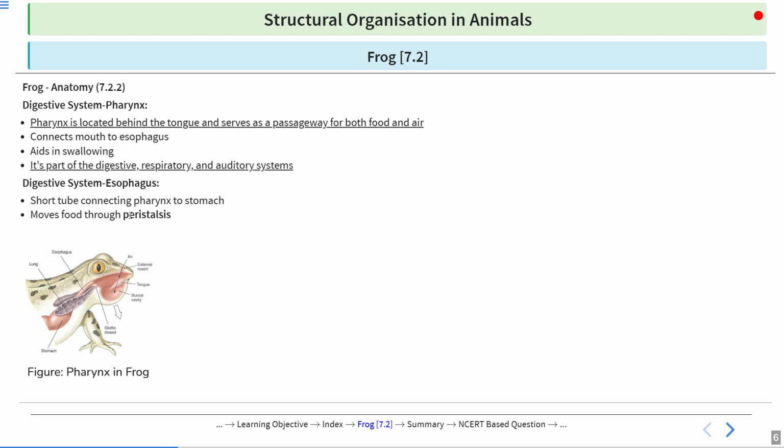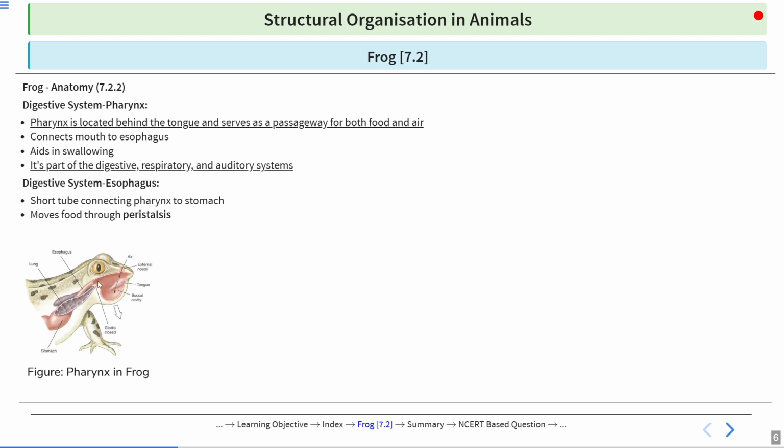Now here in the figure you can also see there is an opening. This is called the buccal cavity. Then there is this round folded bifid tongue, right? And this buccal cavity leads to the pharynx, and here you can see there is a lung. This region is called the pharynx, a common opening for the esophagus as well as for the lung, but at a time only one is open, right?